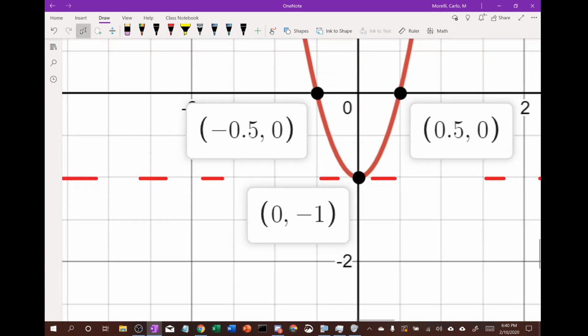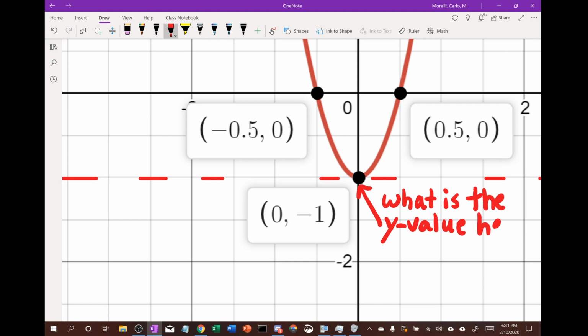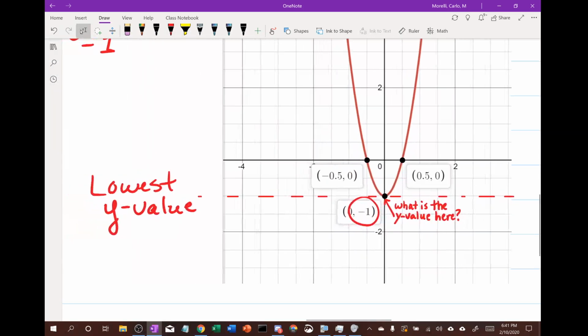Negative 1. Okay, so that's the low end of the range.